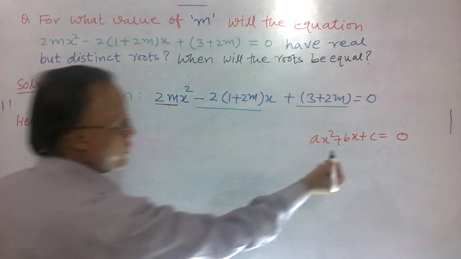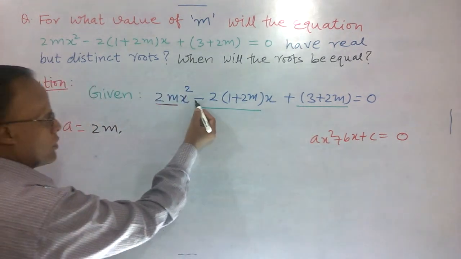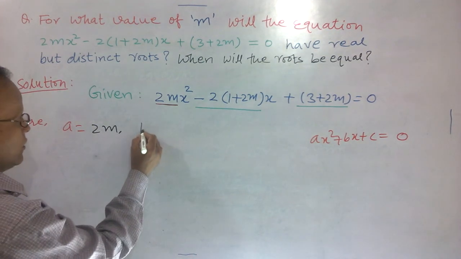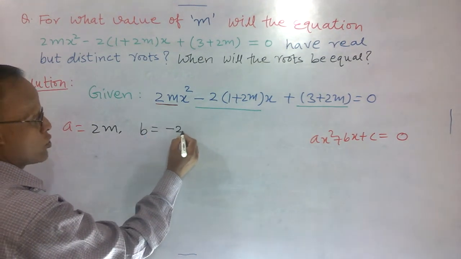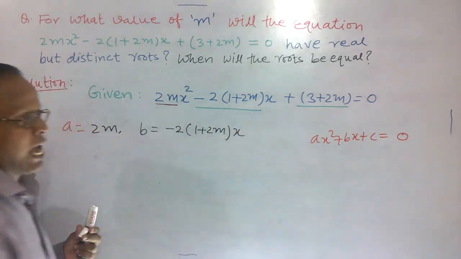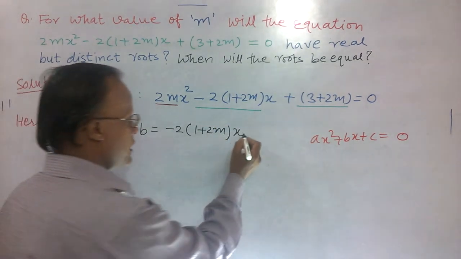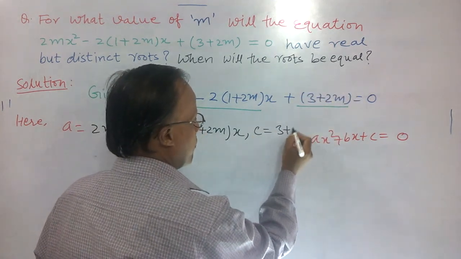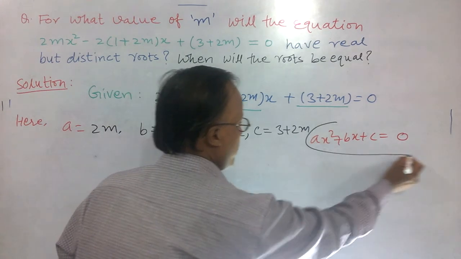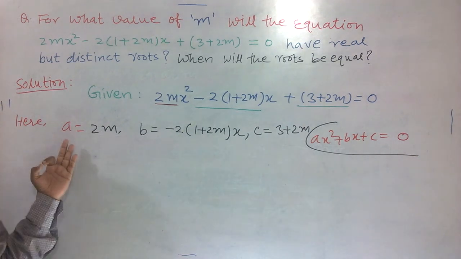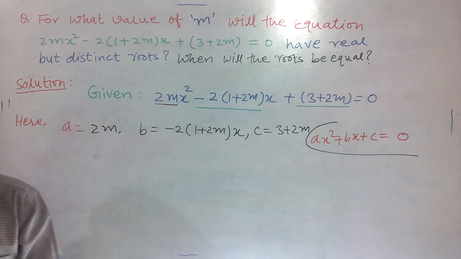Comma, coefficient of x is called b, so this whole term is your b including minus sign. So b is equal to minus 2(1 plus 2m), and this whole term is your value of c, 3 plus 2m. Now these are your values a, b and c.